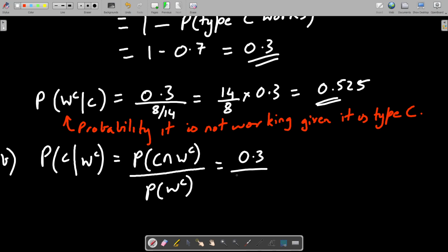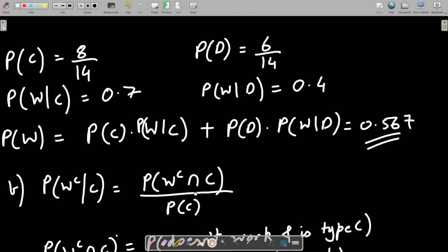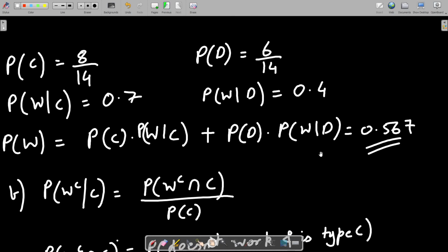This should be 1 minus probability of W. There is probability of W written specifically. Yes, see, here we calculated probability of W as 0.567.